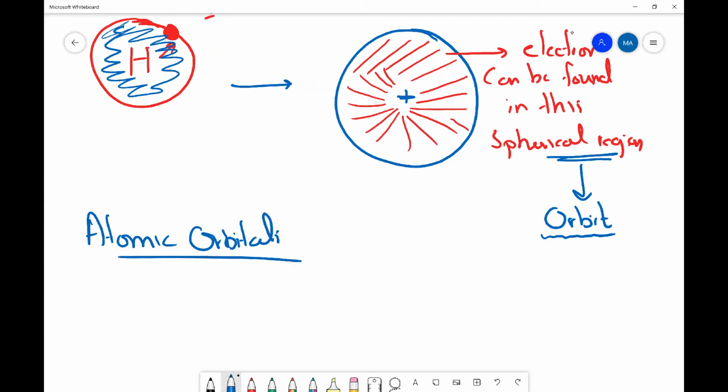Atomic orbitals are the regions or the spaces around the nucleus of an atom that have these electrons.